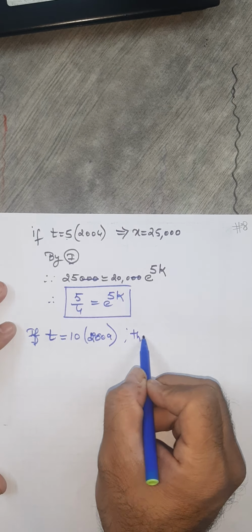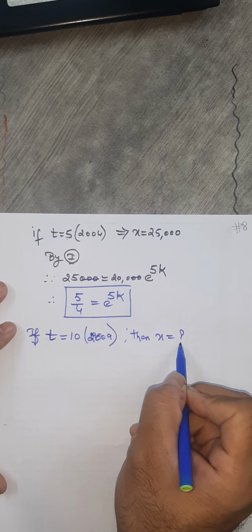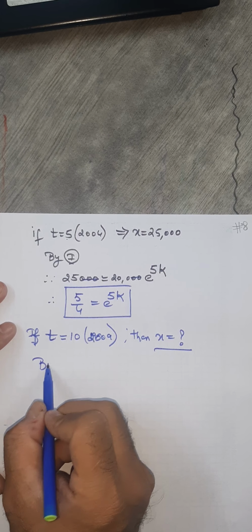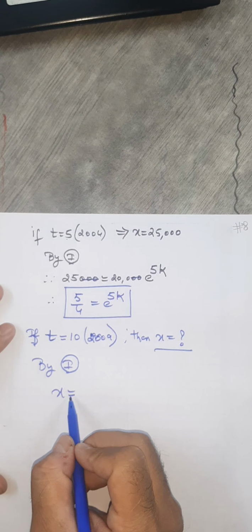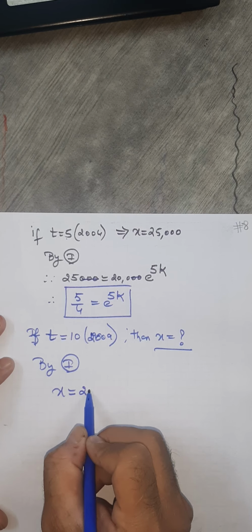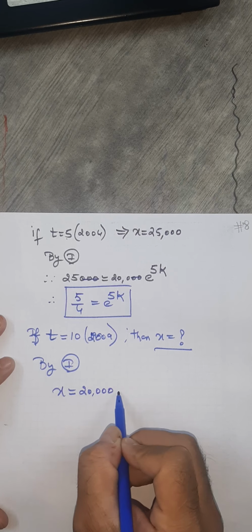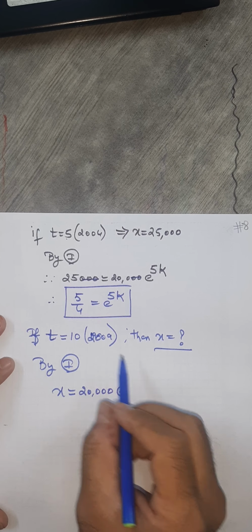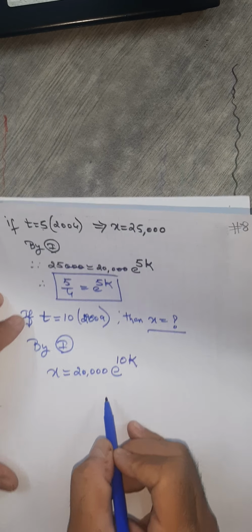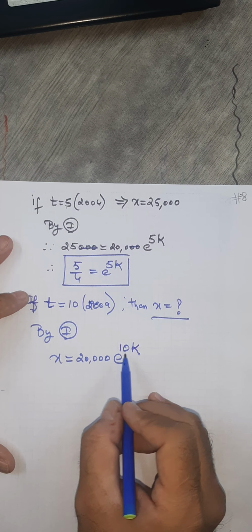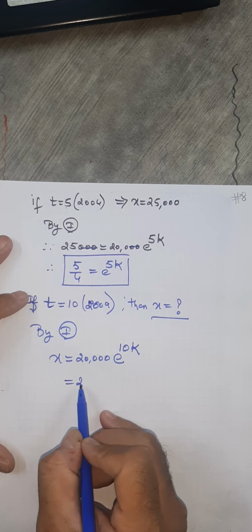Then what is x? That's the question. So let's go to 1. By 1, x equals c. What is c? 20,000. e raised to t equals 10, so you have 10k. Fine? 10k, remember. So 20,000 here.